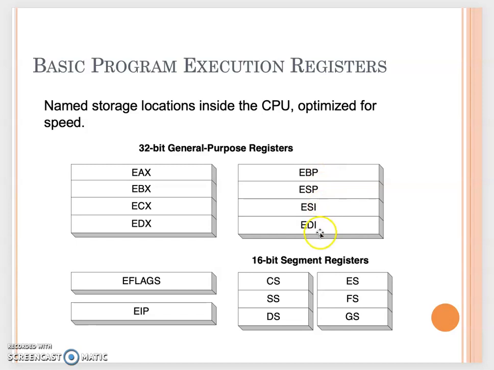Then the other 4 general purpose registers are used for the stack memory, which we will talk about more in chapter 5. They are the base pointer, the stack pointer, the source index, and the destination index. Later in chapter 3, we will see the general purpose registers first, then in chapter 5 we will introduce the stack memory.